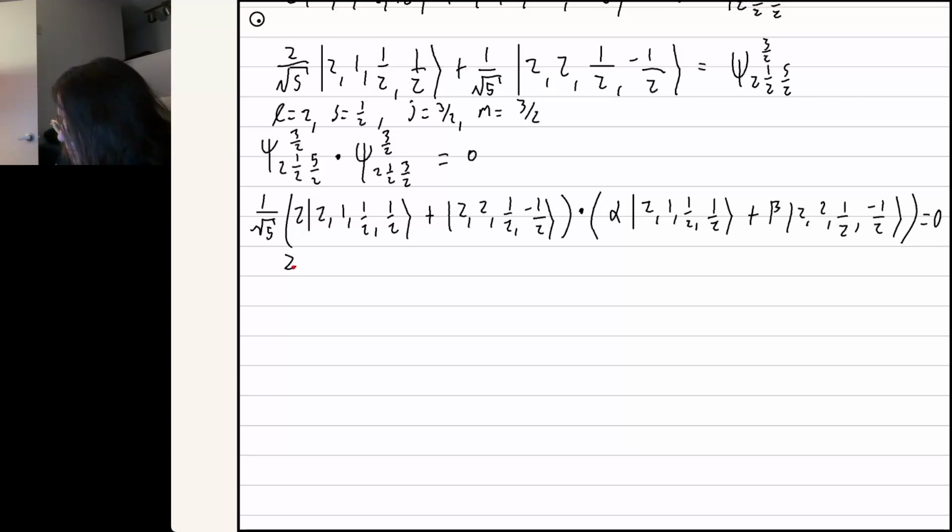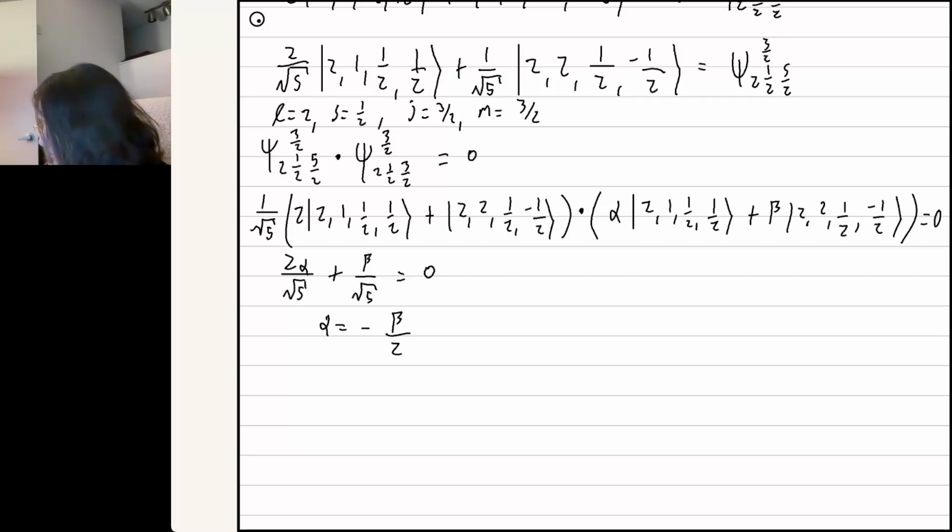Doing that dot product, it's just 2 alpha over root 5 plus beta over root 5 is equal to 0. So you're just finding that alpha is equal to minus beta over 2.